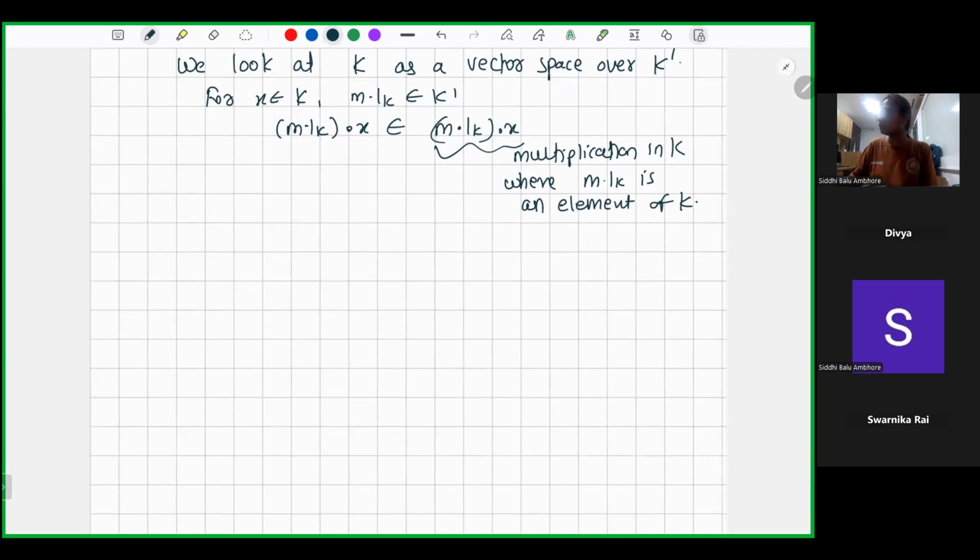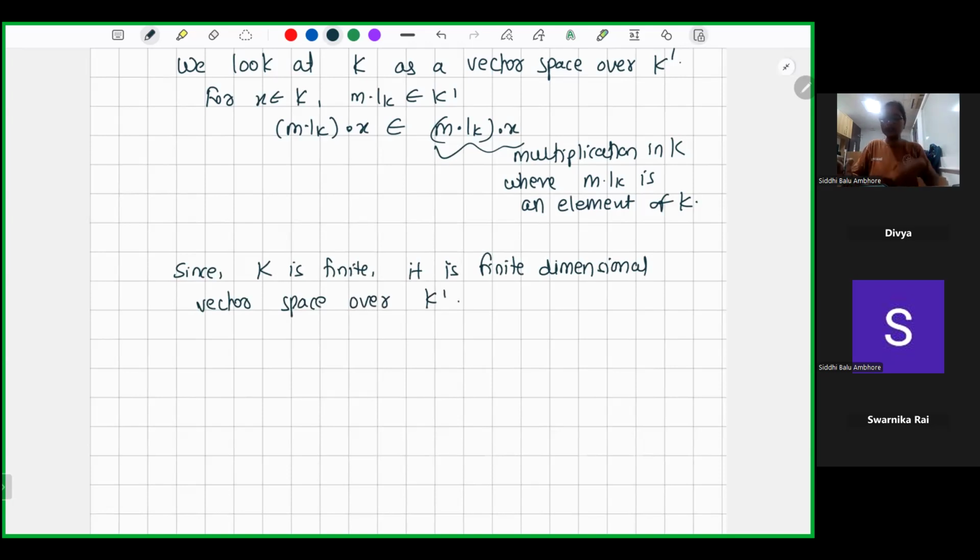That's it. And since K is finite, it is a finite dimensional vector space over K'.